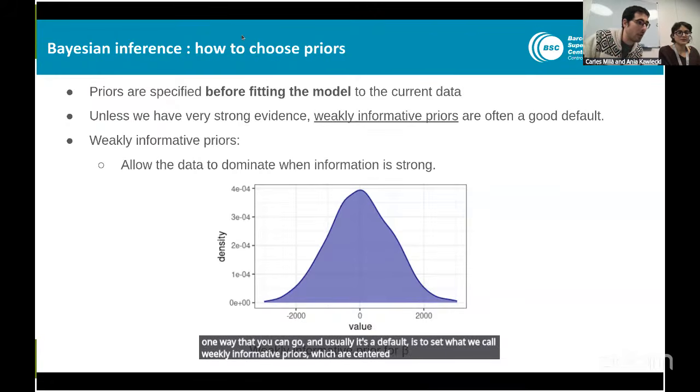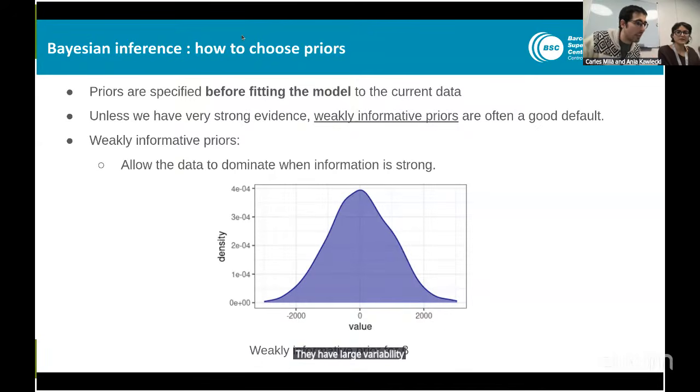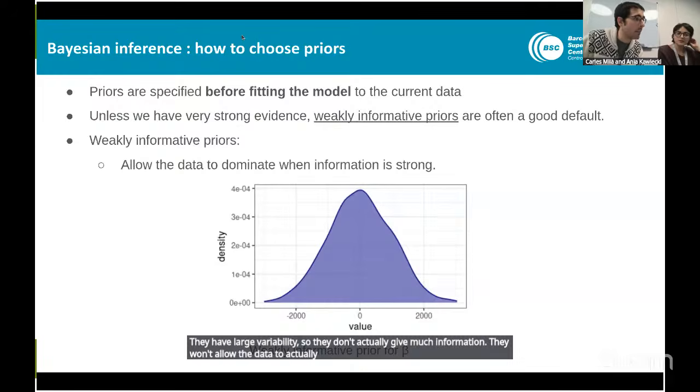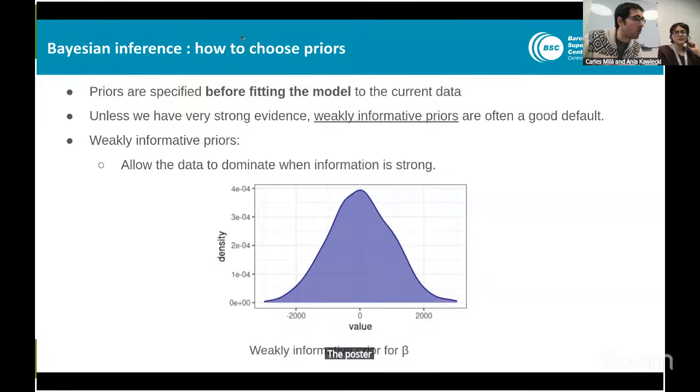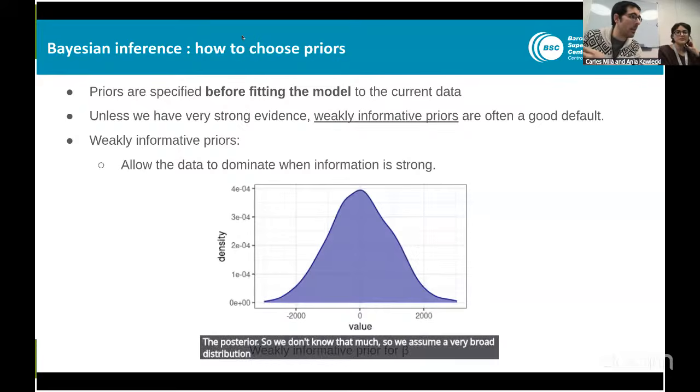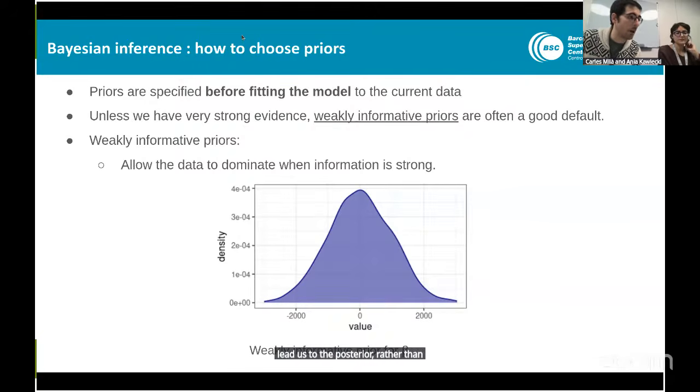So we do not assume any directionality. They have large variability, so they don't actually give much information. They allow the data to actually tell us the posterior. So we don't know that much, so we assume a very broad distribution and let the data lead us to the posterior rather than having some strong prior beliefs.